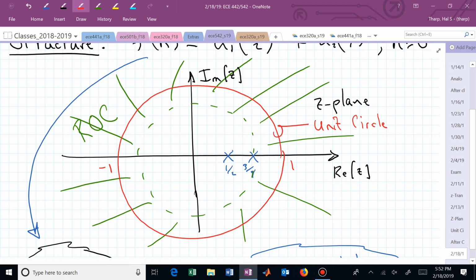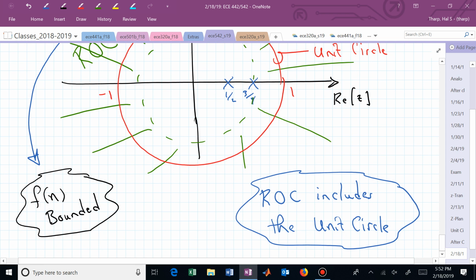And because of that, our sequence in the n space, in the time domain, is bounded. Whenever that unit circle is included in the region of convergence, we know that our behavior is bounded.